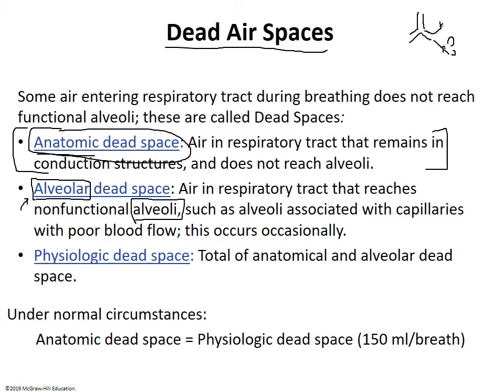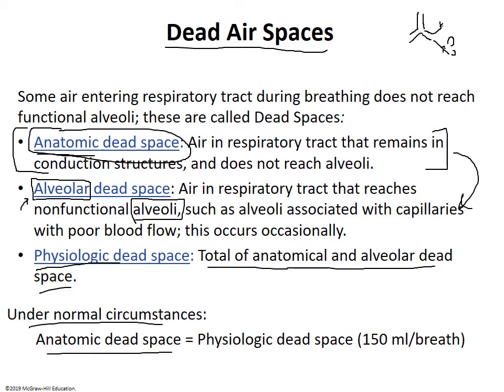If we combine the two, we come up with what is physiologic dead space. This is the total of both of those. As it says here, under normal circumstances, the anatomic dead space is equal to the physiological dead space, because there is no portion of it that is considered alveolar dead space, because under normal conditions, our lungs are functioning well.